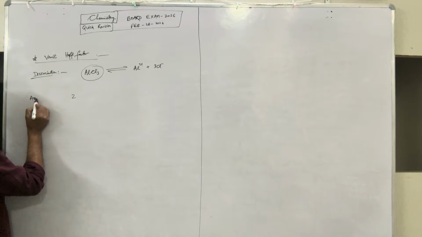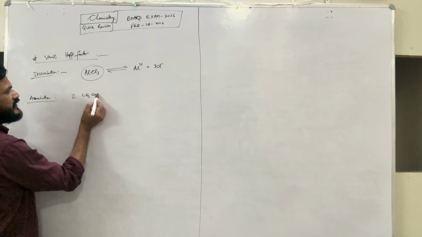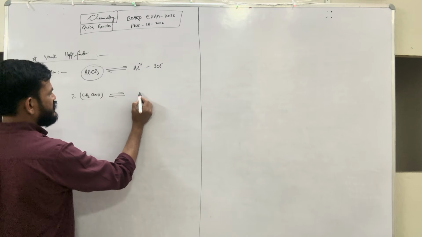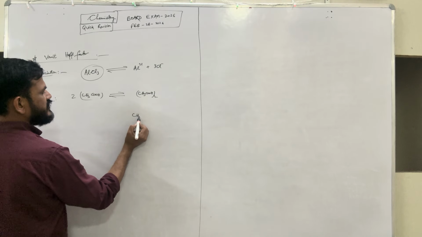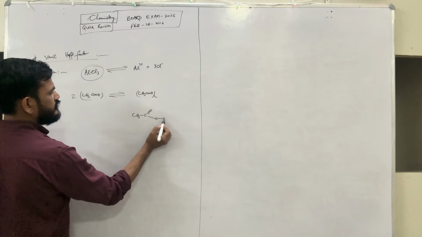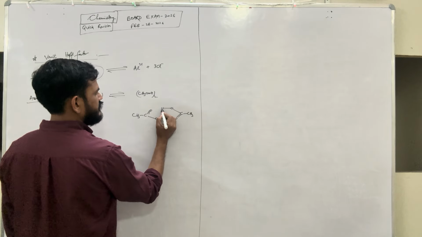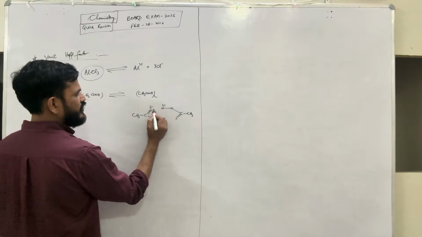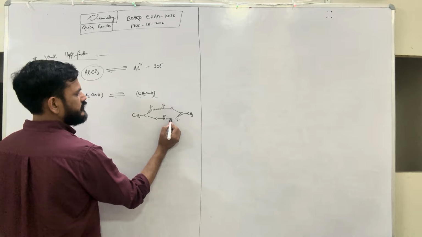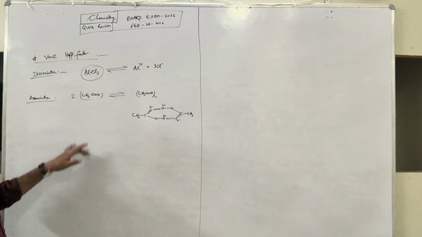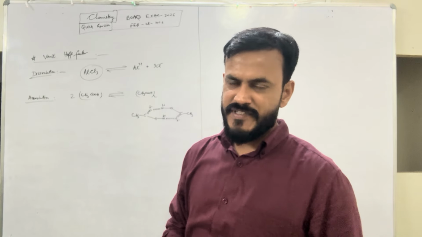In association, suppose two molecules of acetic acid get associated to form a dimer. It looks like this. Oxygen is negative, hydrogen is positive, there is intermolecular hydrogen bonding, so it stays like a dimer. You had two molecules to begin with, and you just have one molecule after you dissolve in a specific solution.